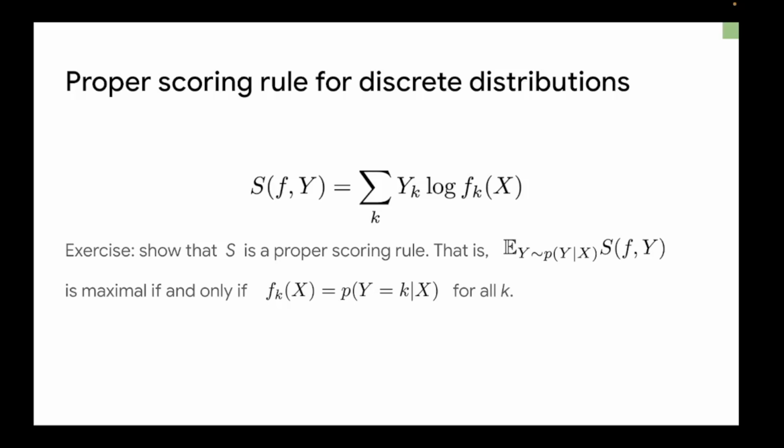In other words, if you take the expectation over y, that expression, the expected score, is maximized if and only if all the predictions from your function fk of x, for every k, are actually the true probability of y equals k for the given input x. I won't prove it here, but I hope you try it.